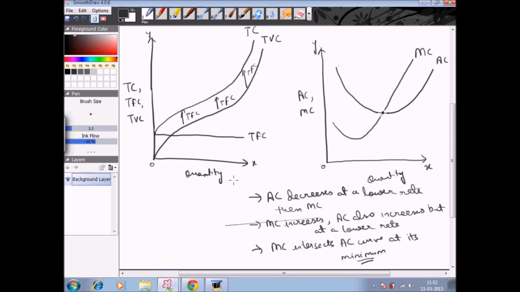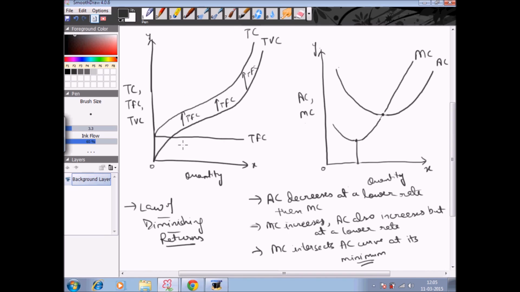Now looking at this graph, so after analyzing the various cost curves, let's now return back to the law of diminishing returns. The law of diminishing returns can be seen here very clearly. It states that as we apply more and more of variable inputs to a fixed factor of production, initially the marginal cost will decrease and then it will start increasing in the short run.